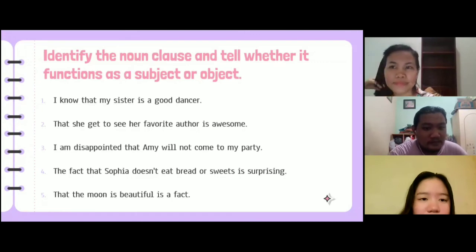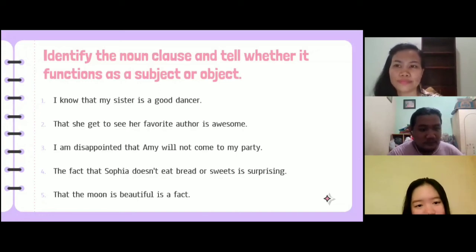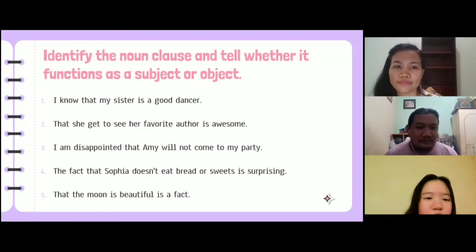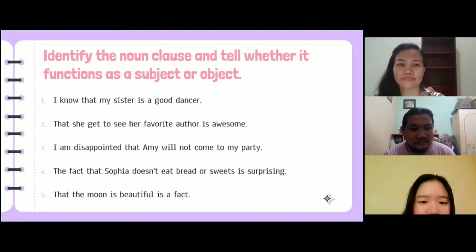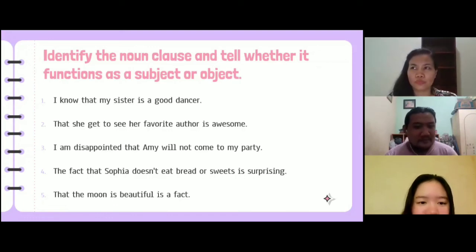The noun clause is that my sister is a good dancer, and it functions as an object. And for number 2, that she gets to see her favorite author is awesome. The noun clause is that she gets to see her favorite author. It functions as a subject.